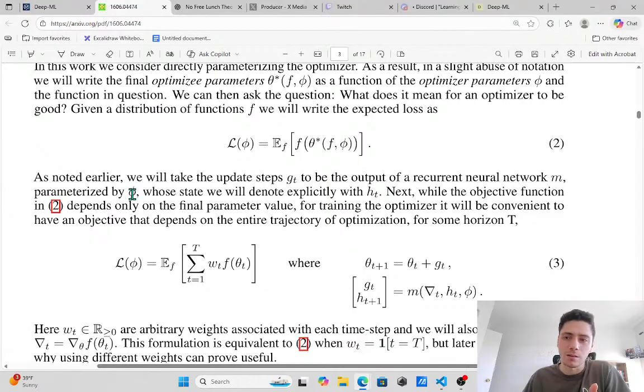I know it's not theta, I just forgot what it was called. We'll have a model called m, and we'll output the gradient g_t, and we'll be circling h_t back into it. That's the current state.